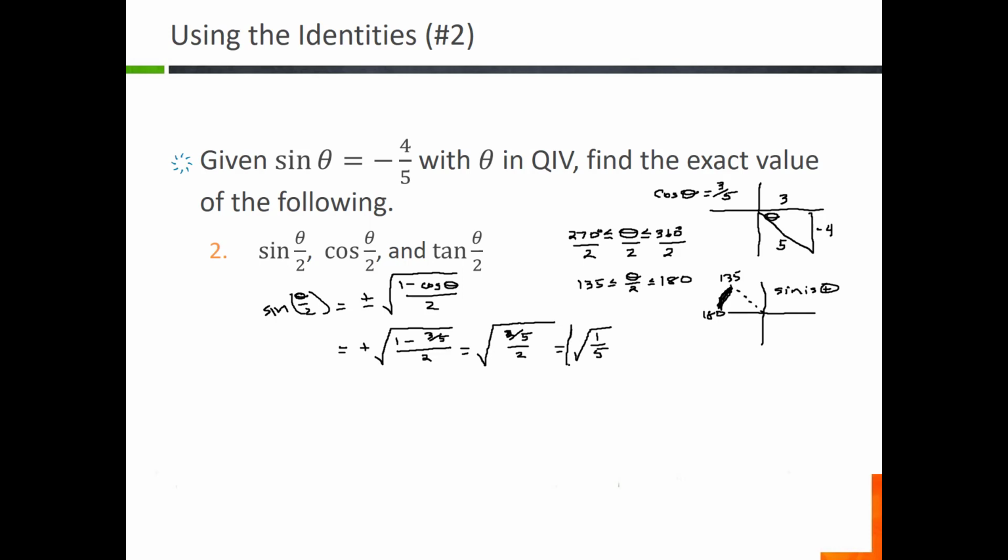The square root of 1 is 1, so you could actually rewrite this if you wanted as 1 over the square root of 5, but it's not necessary.